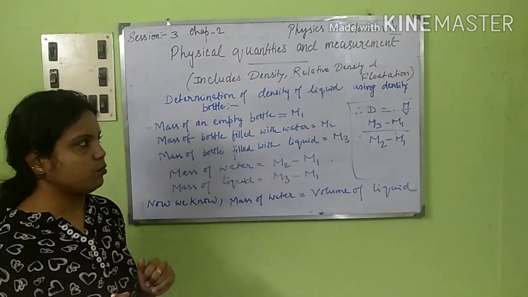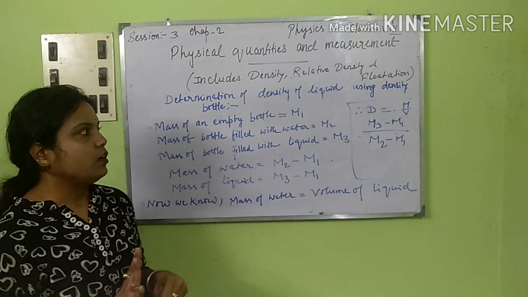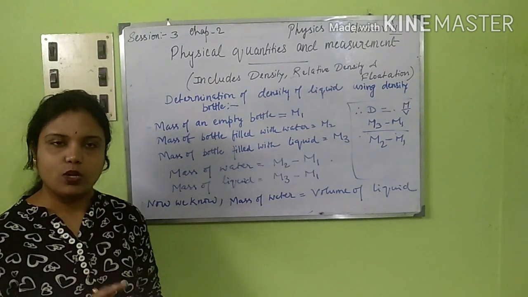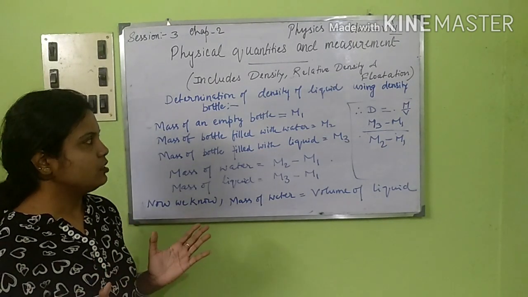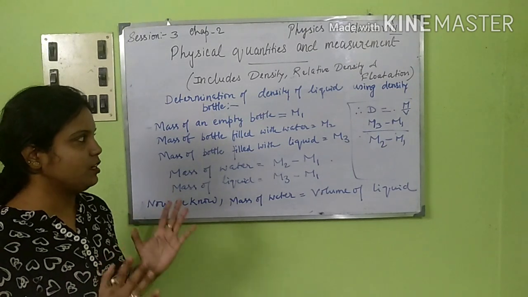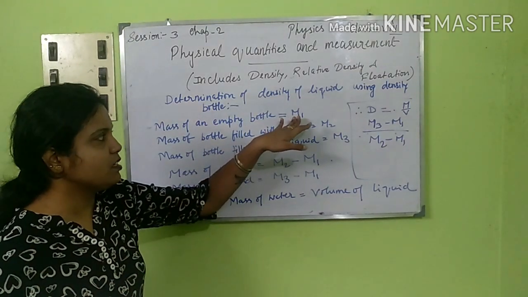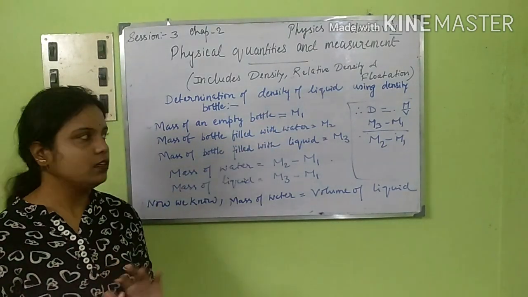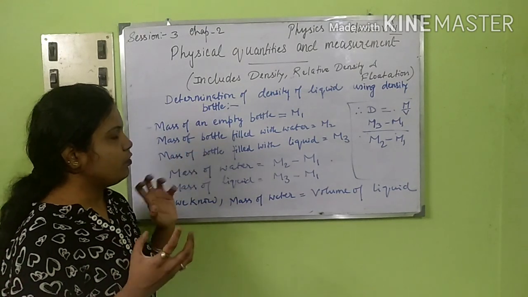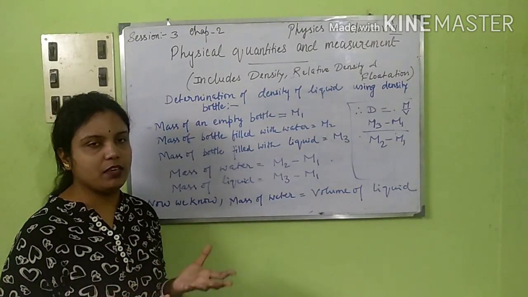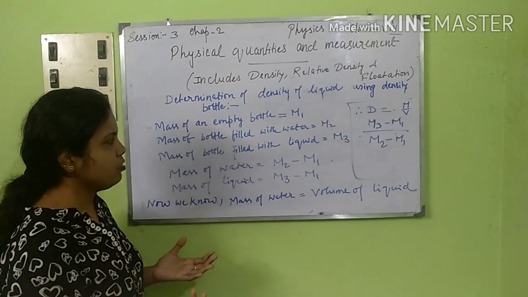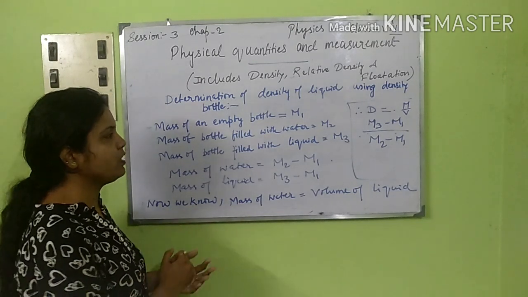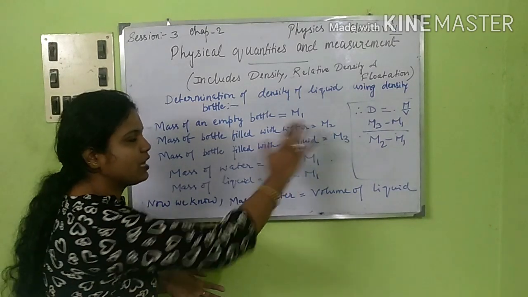Now suppose you are given a particular liquid, water and a bottle, that is a density bottle. Suppose the mass of the density bottle is m1, which you know how to measure on a common beam balance. Then you put the water in the density bottle, that is m2.